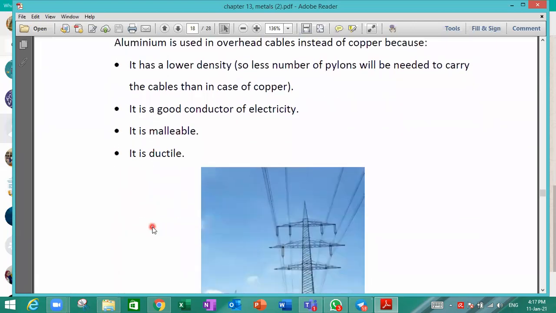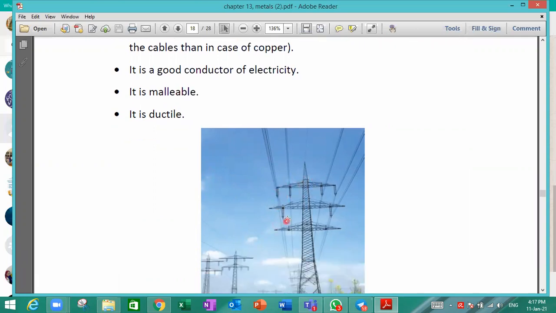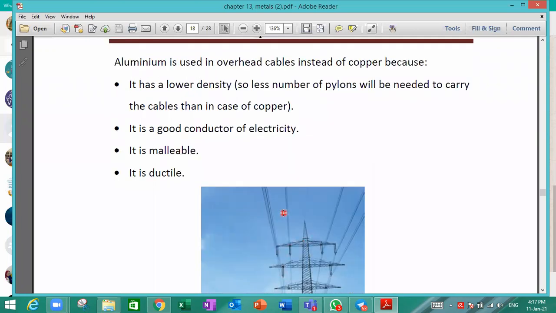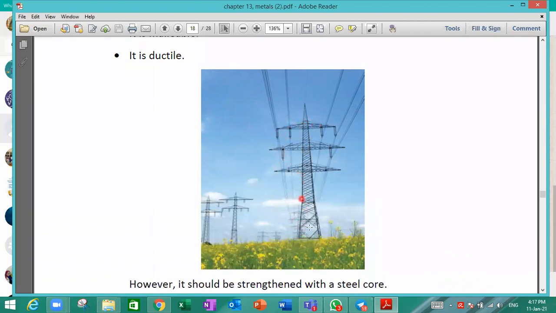As you see here, aluminium is very important. It has a very important use. It is used in making overhead cables. These are overhead cables that you see whenever you are traveling from one place to another. We see these pylons, and these wires that are connecting one pylon to the other from one city to another.